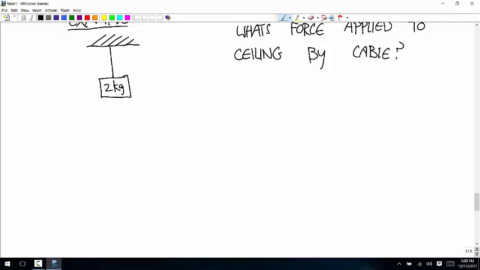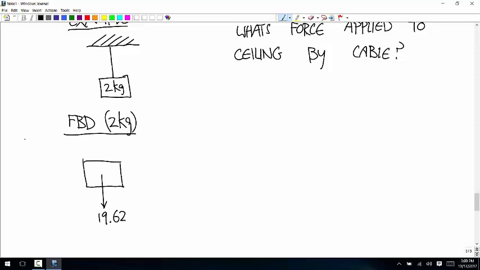So first I'm going to isolate the 2 kilogram mass. There's the downward force of the weight, so that's 2 times 9.81, so 19.62. And then the cable force is parallel to the cable, away from the box. So is it up or down? Up. So I'll label that capital T for tension.